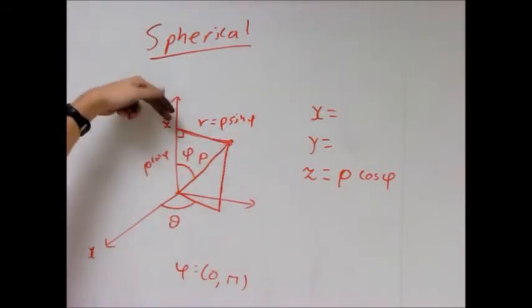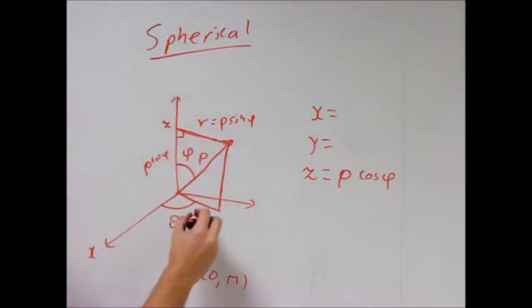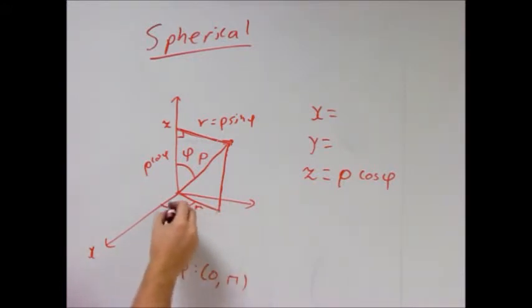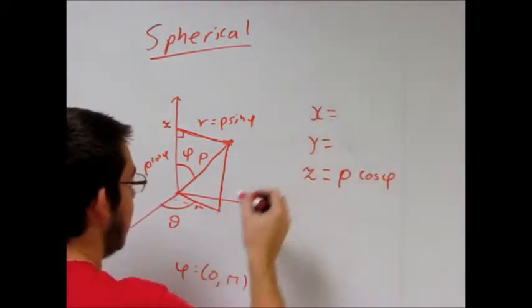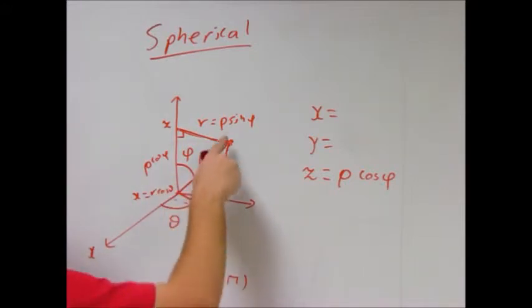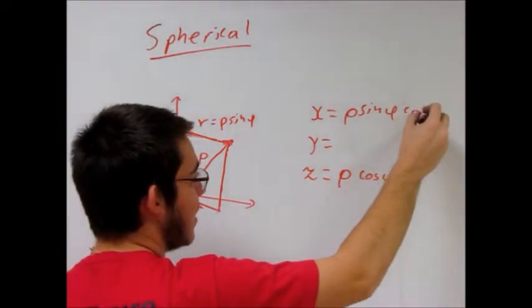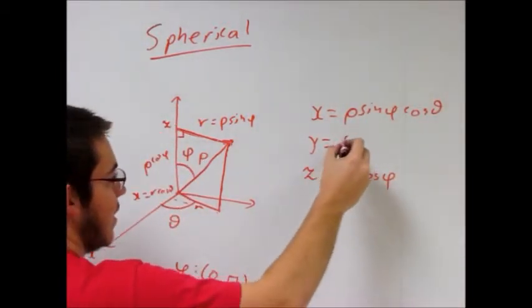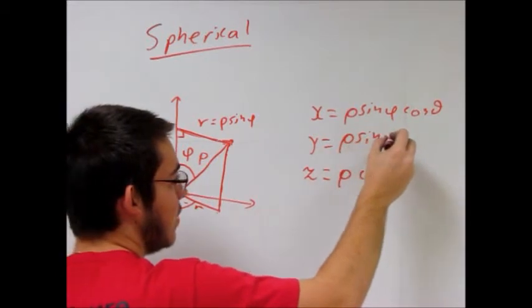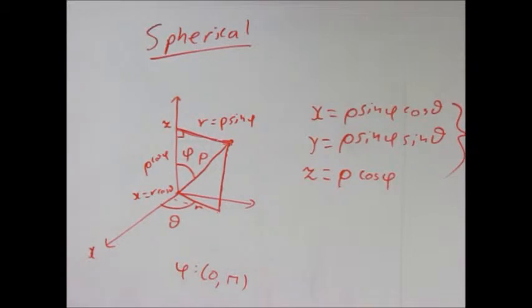And then if we know this length, we can use it to find the x and y components based on this r value right here. x is going to be r cosine theta, and r is rho sine phi, so it's going to be rho sine phi cosine theta. And similarly, r sine theta is rho sine phi sine theta. That's the conversion here.